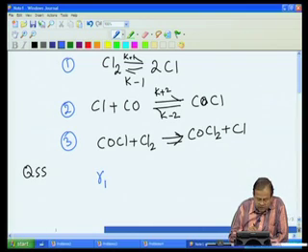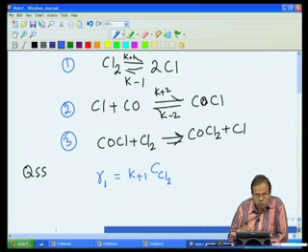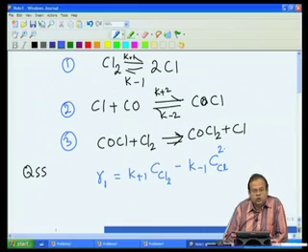Let us say the rate of the first reaction, and remember we are talking of intrinsic rate, is k plus 1 concentration of Cl2 minus k minus 1 concentration of Cl whole squared. This follows the law of mass action kinetics, since they are elementary reactions.